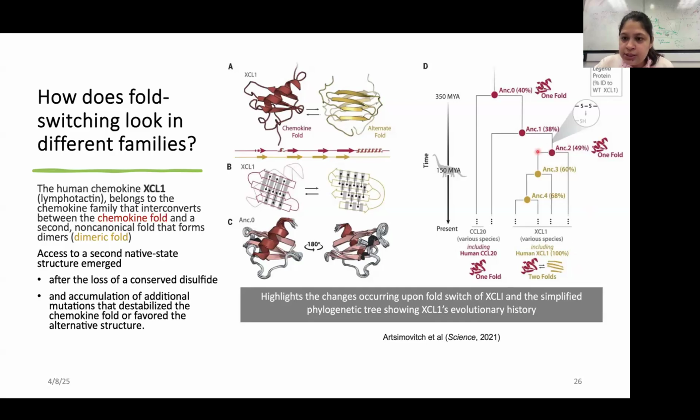They pointed at a branch where there is a loss of a conserved disulfide linkage, along with accumulation of additional mutations that lead to XCL1, which can exist in two folds at equilibrium. So this was a very interesting paper that also talks about fold switching and how it happens in this family.